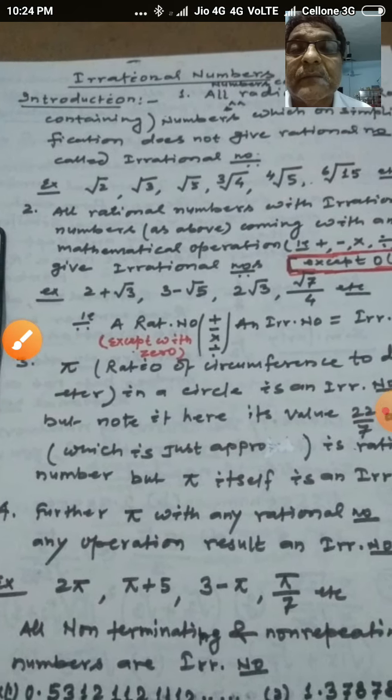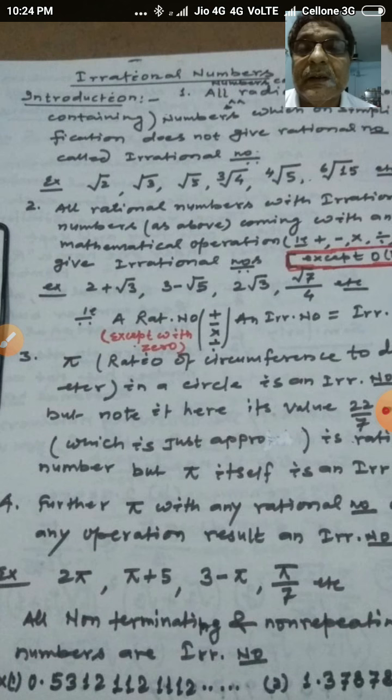Such numbers are called irrational numbers. Here we have not taken root 4, root 1, root 9, root 16, root 25, because on simplification they give a rational number, so these are not included here. Similarly, in case of cube root, cube root of 8 is not irrational because on simplification it gives 2. Similarly fourth root, fifth root, subject to the condition that it should not give a rational number.